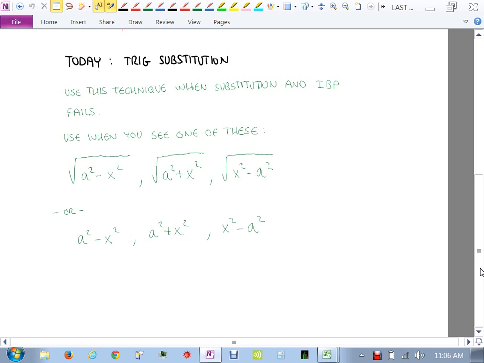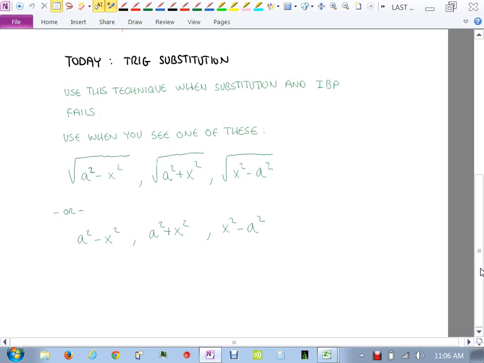Anytime you look at an integral and you see something like that, a light bulb should go off and you should think, trig substitution might help me here. These square roots do not have to appear by themselves. They can just be part of the integral. They can be in the numerator or denominator. Just anywhere in an integral you see something like that, trig substitution should come to mind.